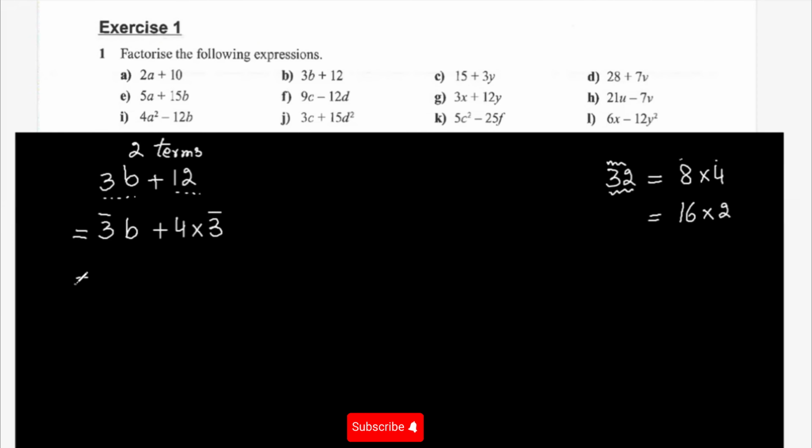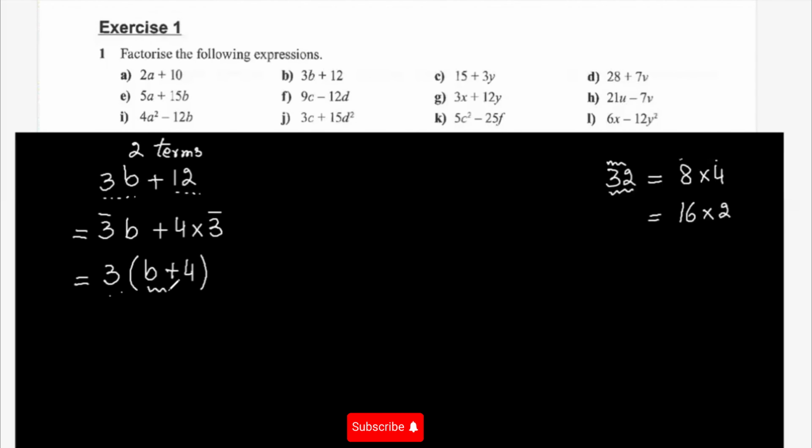If we take this common factor 3 out, then from the first term we are left with b, then we have a positive sign, and from the second term, this 3 is out and we are left with 4. Now you see this answer is 3 times b plus 4.